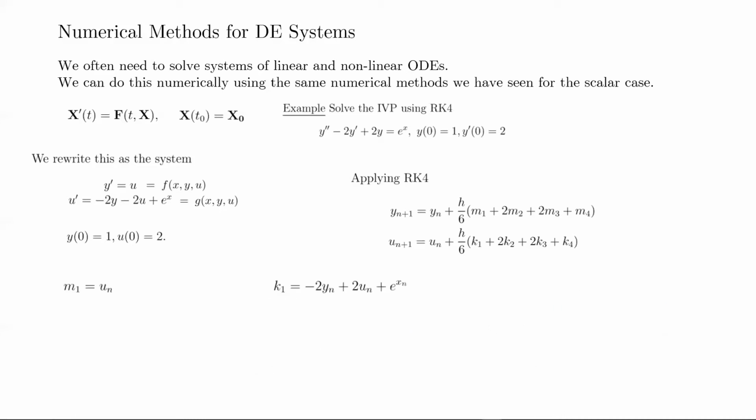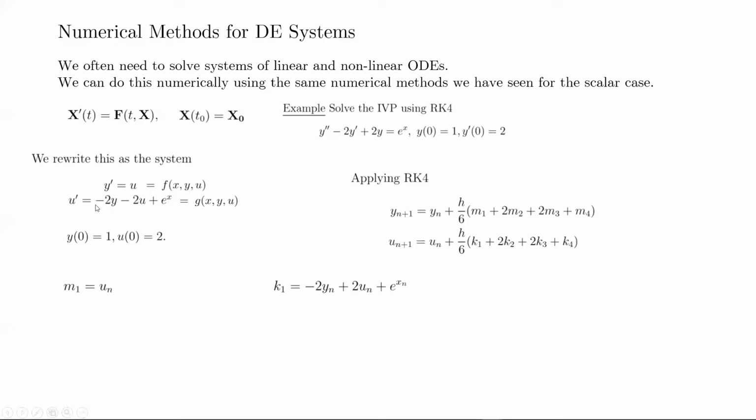Well, the first step is going to be m1 is equal to u evaluated at step n, because remember, m is associated with this first equation here. So y prime equals u. So the function f evaluated at xn, yn, un is just going to be u evaluated at n, so un. k1 though, is associated with this function g.